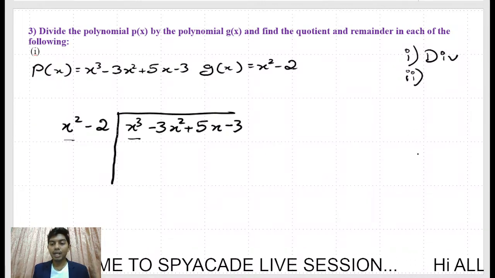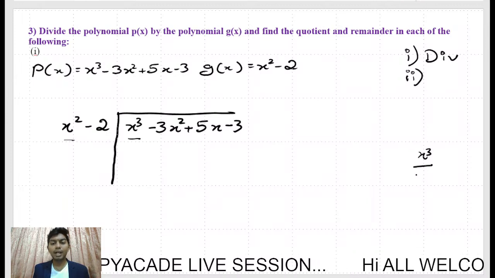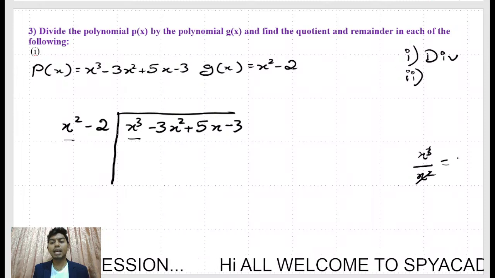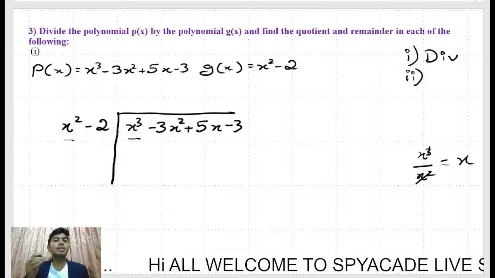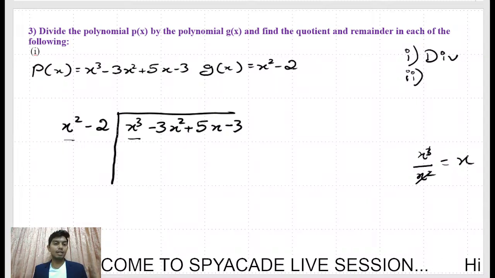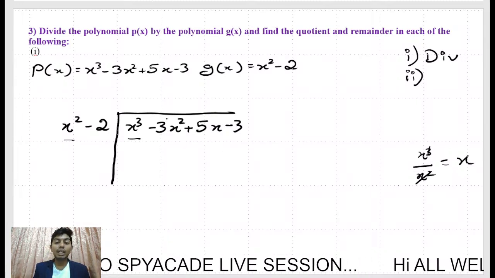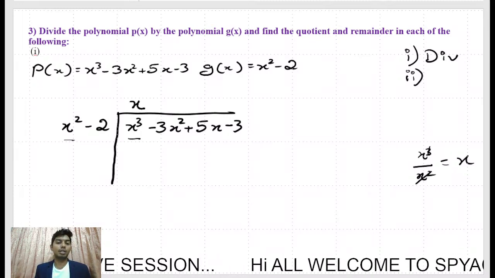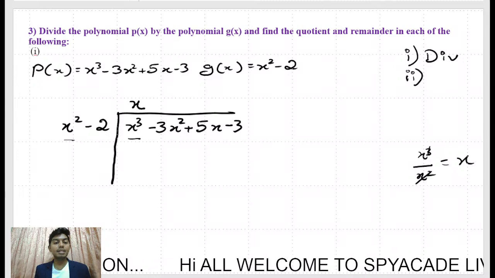So just divide these two things, x cube divided by x square. So what will you get? All these things will get cancelled, so you will get x. So this alone you have to put in the quotient. In the quotient we have kept this x.